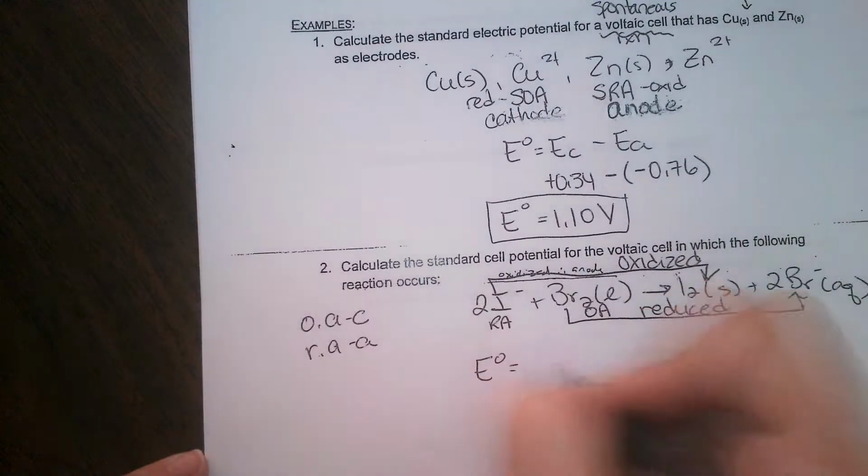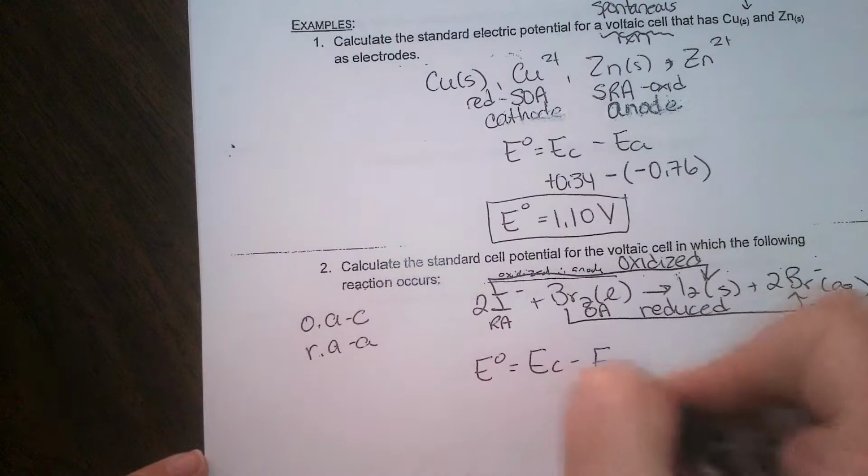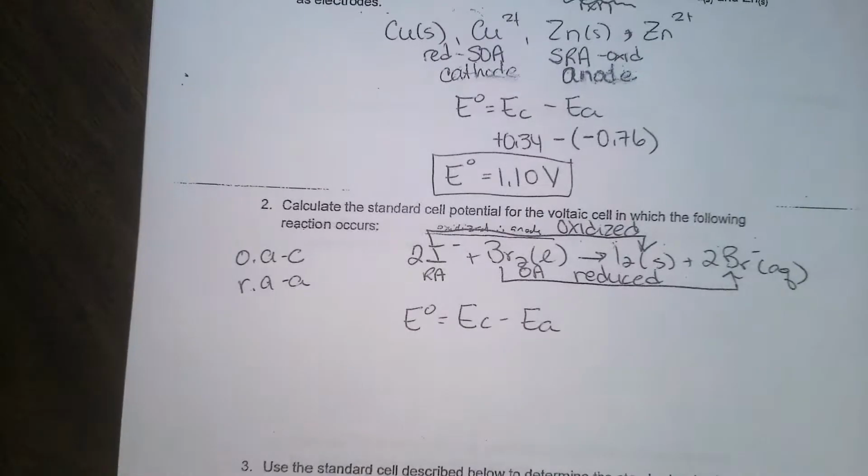So cell potential is cathode minus anode. So what is the cathode value? Positive or negative?